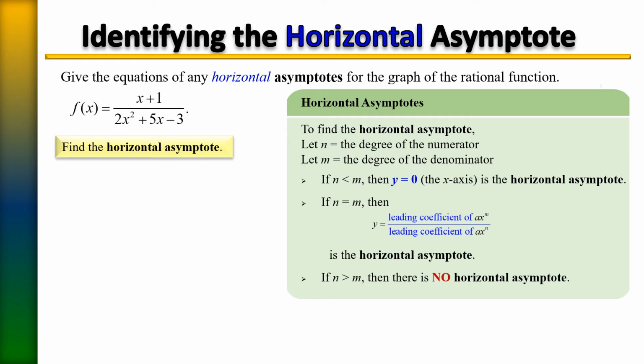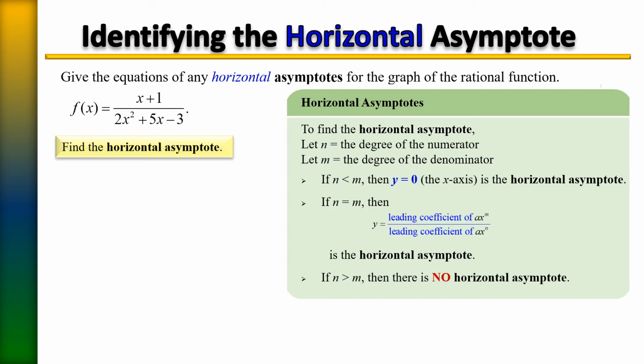The other scenario is if n is greater than m, meaning if the degree of the numerator is greater than the degree of the denominator, then there's no horizontal asymptote.